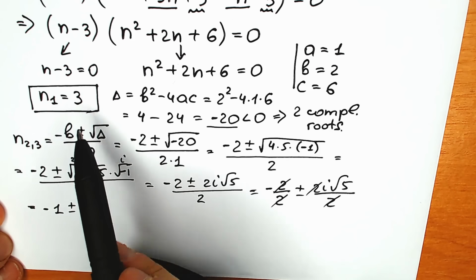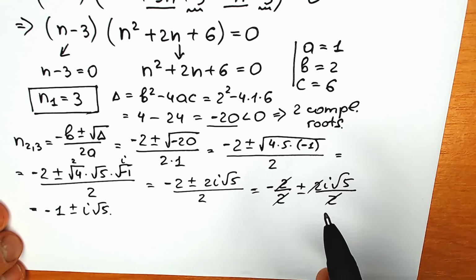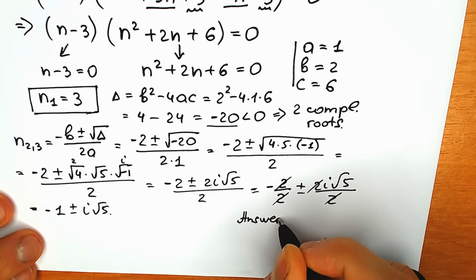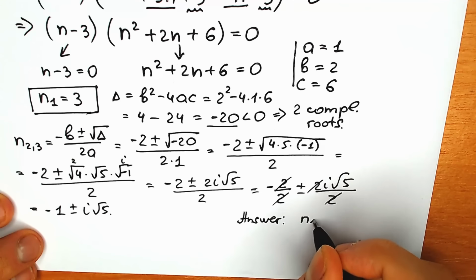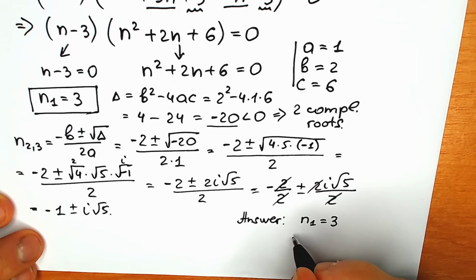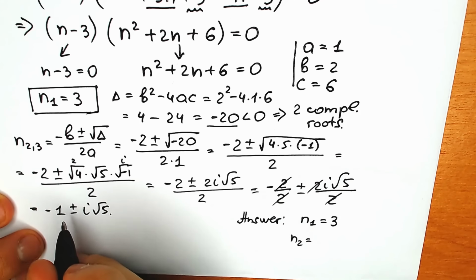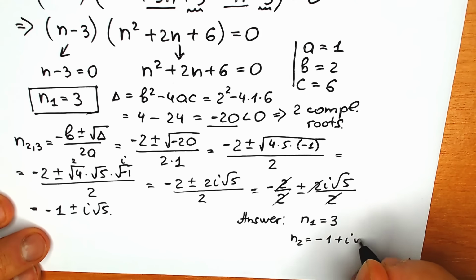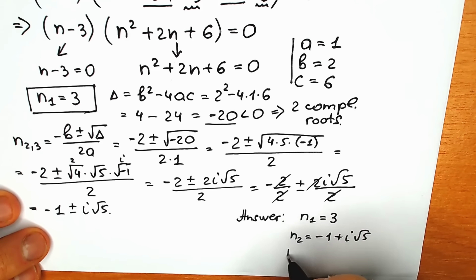So n first is equal to 3. Let's gather all these roots together, for example, right here. So n first is equal to 3, and n second is equal to, let's go with the positive sign, for example, minus 1 plus i square root of 5, and n third is equal to minus 1 minus i square root of 5.